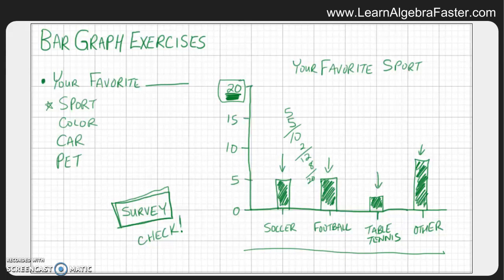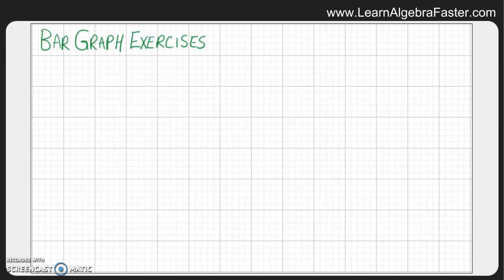So let's take a look at a second exercise that we can do, and that would be we can get different people to answer a question. Except this time, we will actually get people to stand up and make a bar graph with themselves.